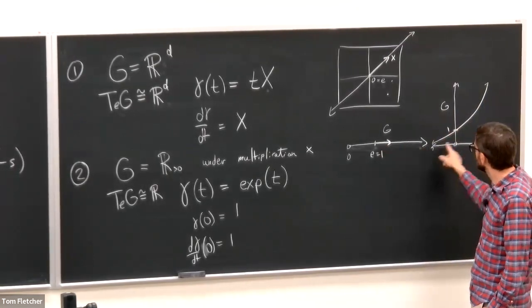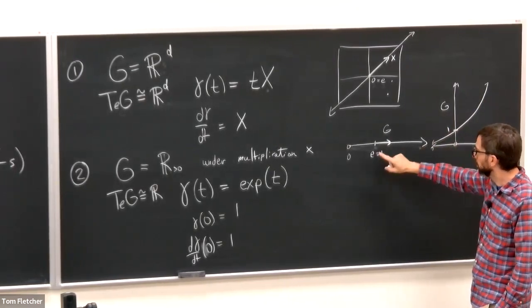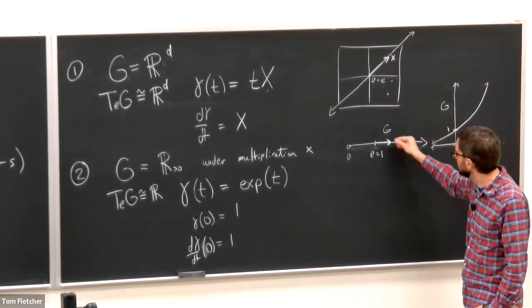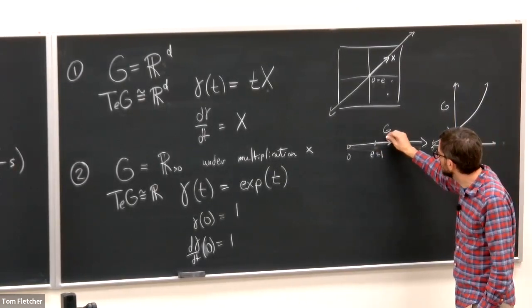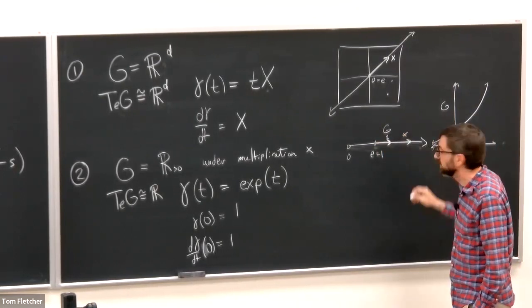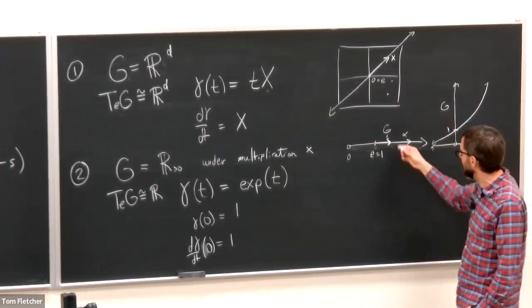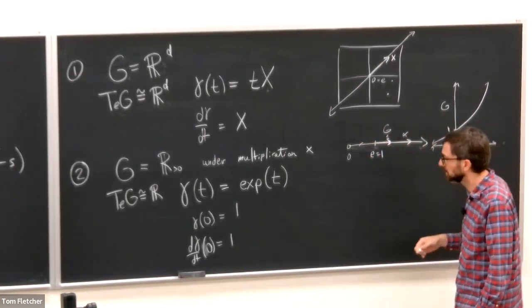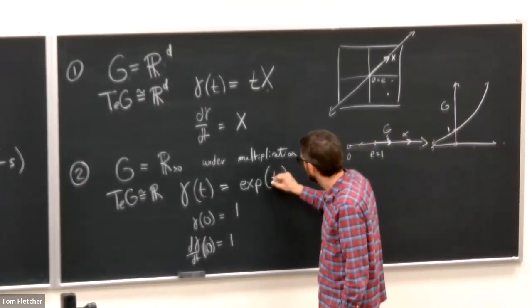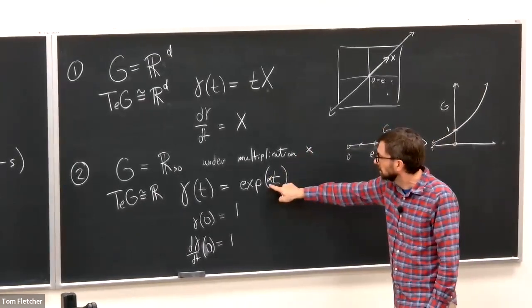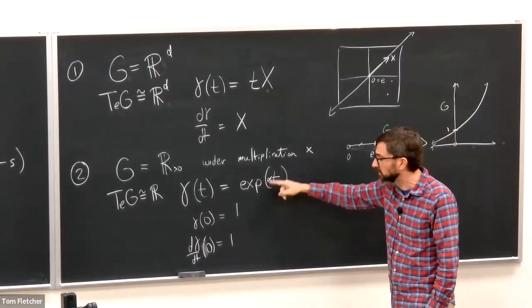But yeah, this is the point I want to make, that I can change the velocity at identity. So this is velocity equal to 1, but I could make a different velocity, just give it some real number alpha, and alpha can be a positive number or a negative number, depending on which way you want to go. And if I do that, I really just need to put an alpha inside here, and alpha is just any real number.